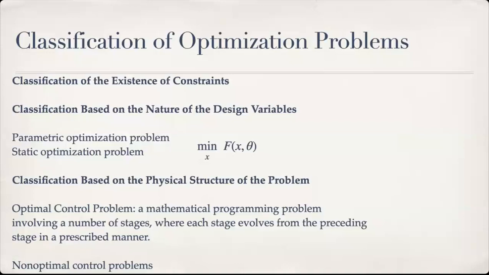And in the opposite way, if we have constraints, it's straightforward. We call it a constrained optimization problem. Which one is easier to solve? Unconstrained optimization is much easier to solve.